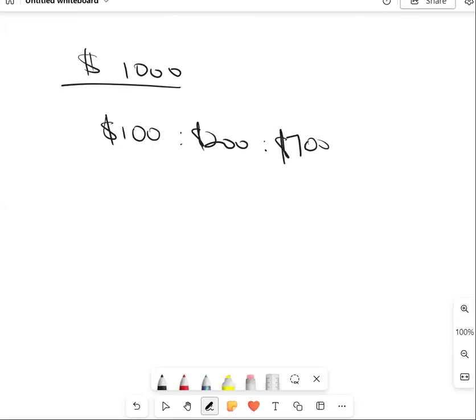So if we were to break this down, it would be 1 to 2 to 7. This is also a ratio, right? You don't have to have just 2 parts. You can have 1 to 2 to 7. You can have any number of parts there, right?